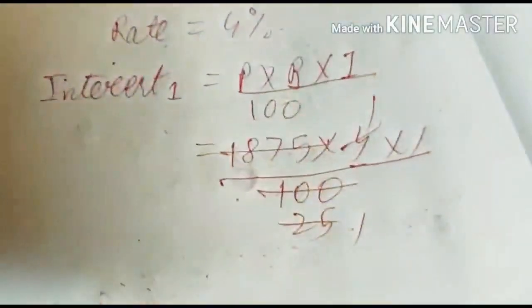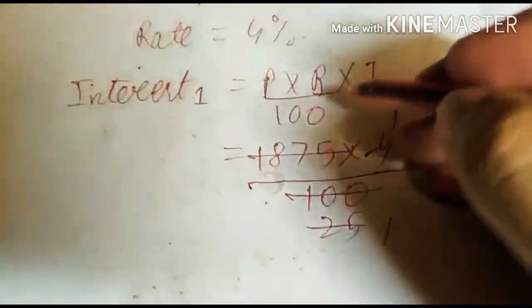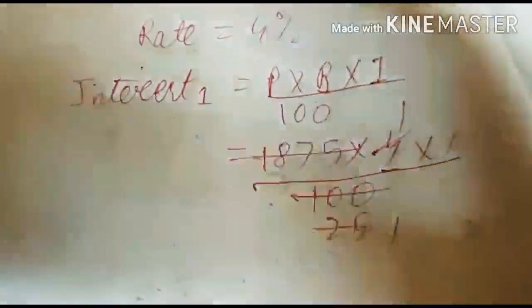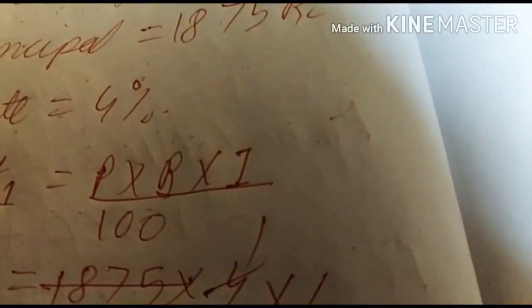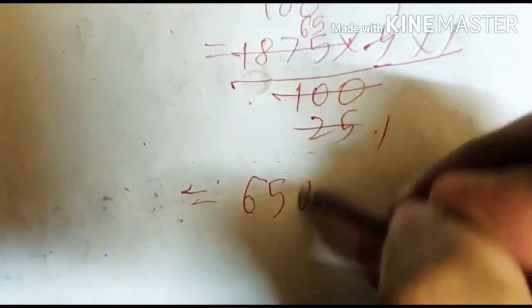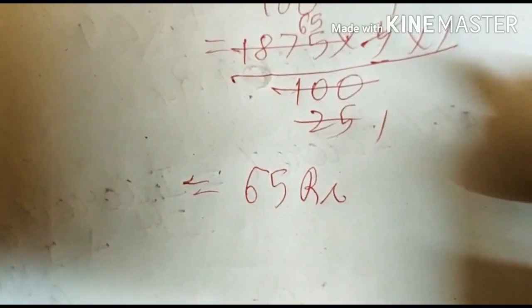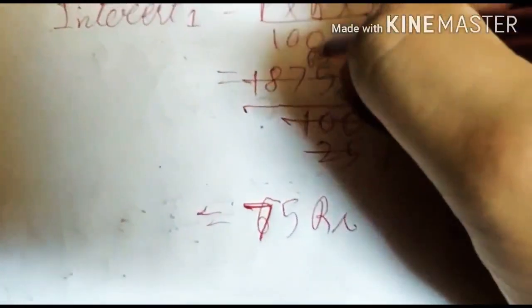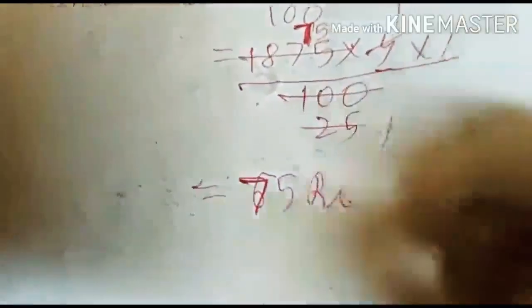By 25 we will get 75. Okay, 75 rupees. So this is the interest for the first year, interest 1, 75 rupees.